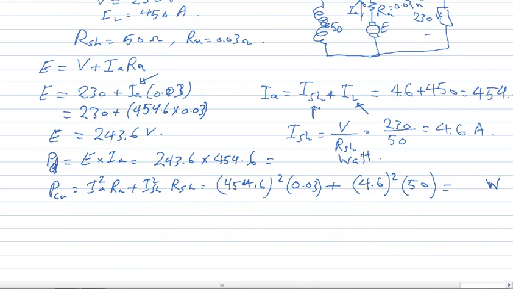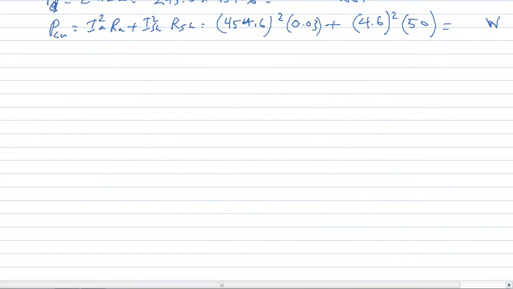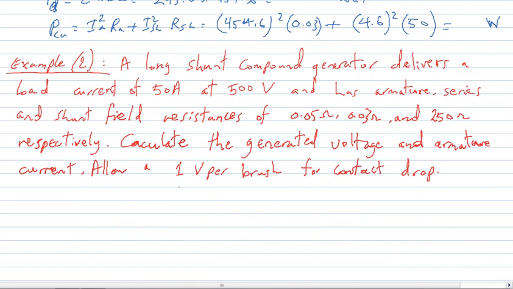Let's go to example number 2. Okay, this is example number 2. A long shunt compound generator delivers a load current of 50 amps at 500 volt and has an armature, series and shunt field resistances of 0.05, 0.03 and 250.